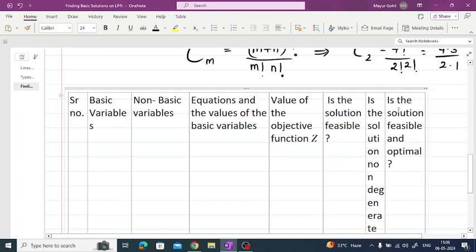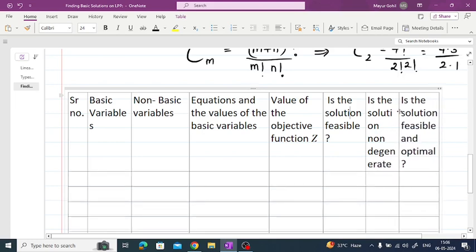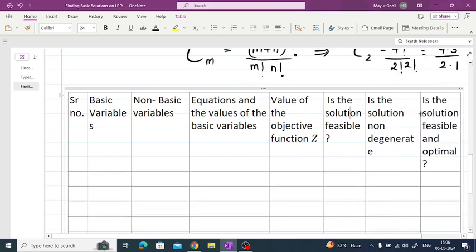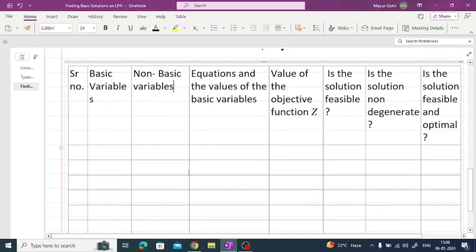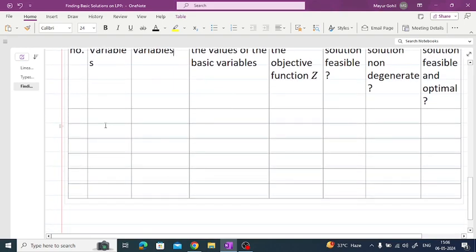Then there is this: is the solution non-degenerate? That is also a thing. And this one. Alright, so we have got all these columns ready for us.